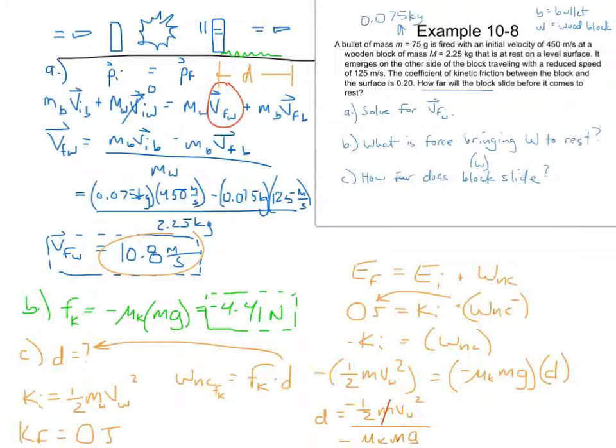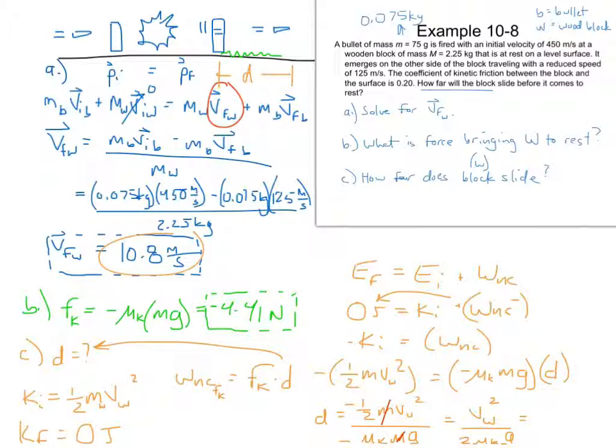So we have the distance is the initial velocity of the wood block squared divided by 2 mu k times g.